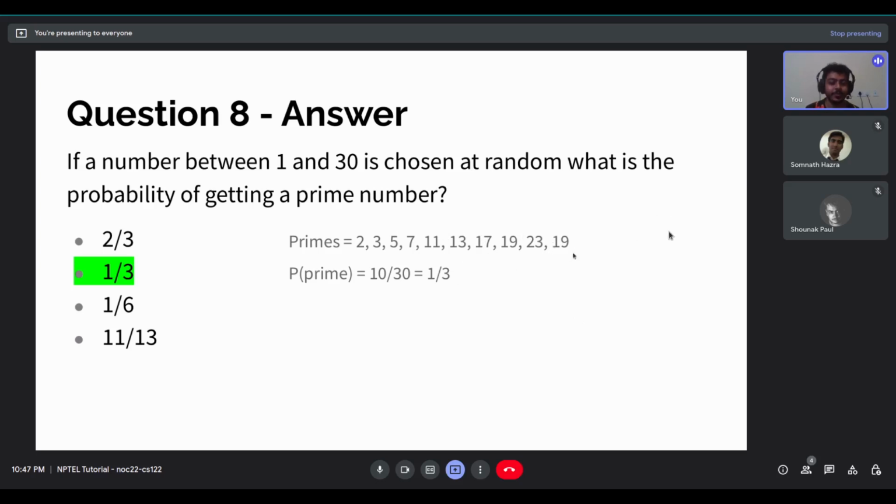If you count them, 1 2 3 4 5 6 7 8 9 10, so there are 10 prime numbers between 1 and 30. So the answer will be 10 by 30, which is 1/3. Any doubts about this question? No, it's fine. Okay.